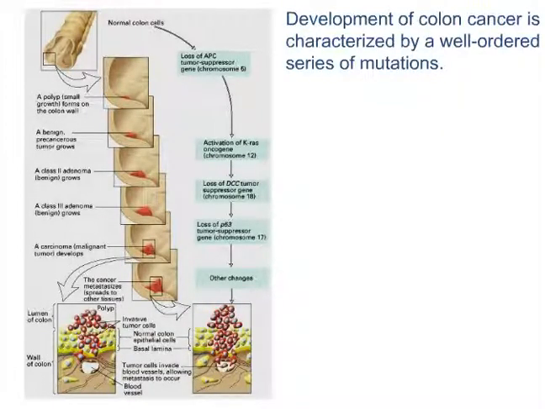Genomic analysis of biopsies taken from colon cancer at various stages of development have identified key steps in a well-ordered series of mutations that leads to malignant cancer. Invariably, the first mutation is a loss of APC, a tumor-suppressing gene.